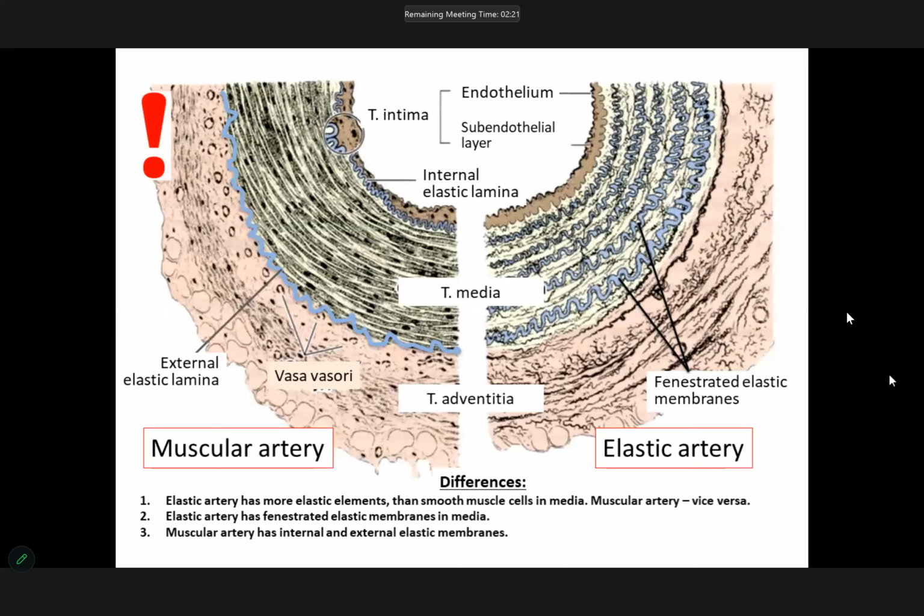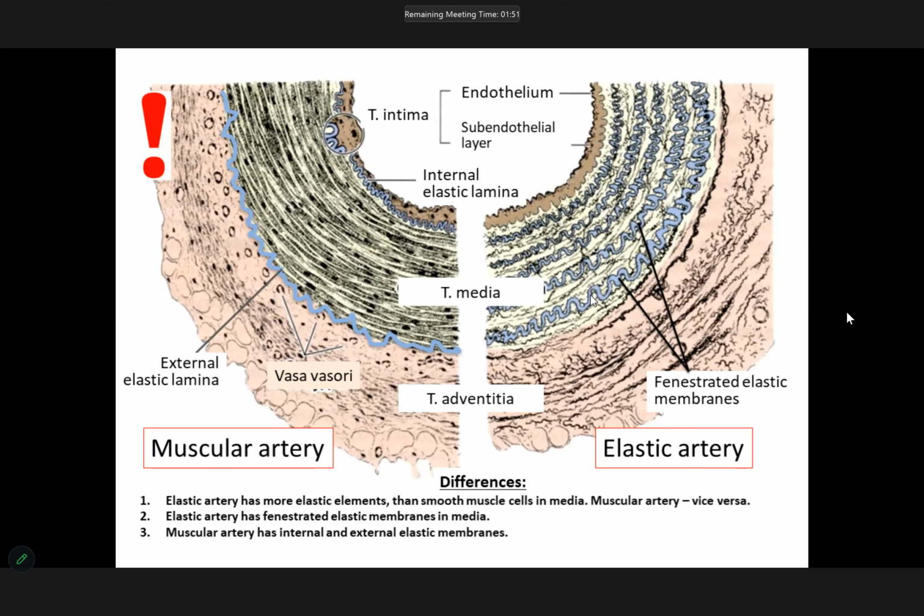So here in this picture, you can see the structure of muscular and elastic artery. What are the differences between them? First, elastic artery has more elastic elements than smooth muscles in media. Muscular artery, vice versa, which means opposite. So in elastic artery, this is intima, this is media, and this is adventitia.